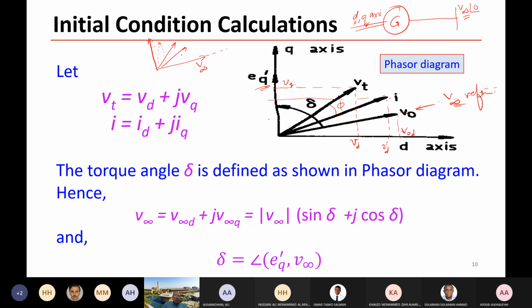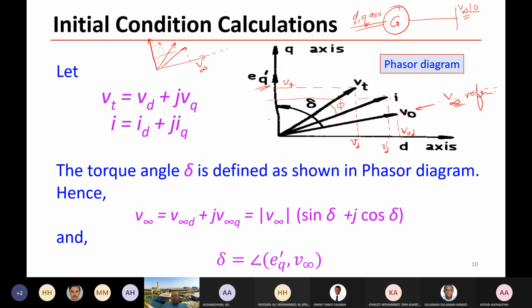The current and voltage have a component here and a component here. You can relate all the quantities to the D and Q axis of the machine, which is our case here, or you can represent all the quantities with respect to that reference.